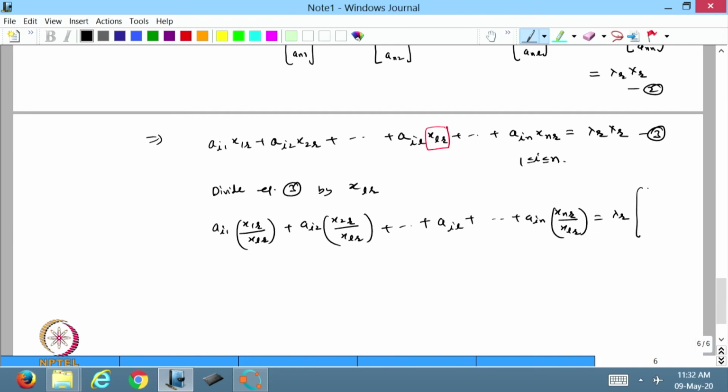So, this is again x_1^r by x_L^r, in the end I will get x_n^r over x_L^r. So, this is what I am getting, that is equation number 4.